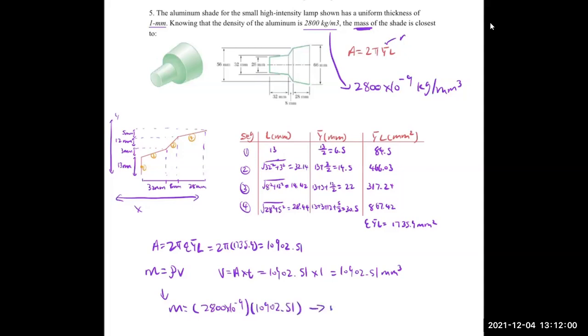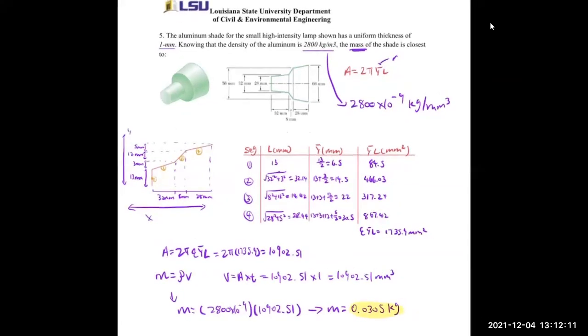And we're going to get that the mass will be equal to 0.0305 kilograms. Okay, so that's all for this problem, and I'll see you guys in the next problem.